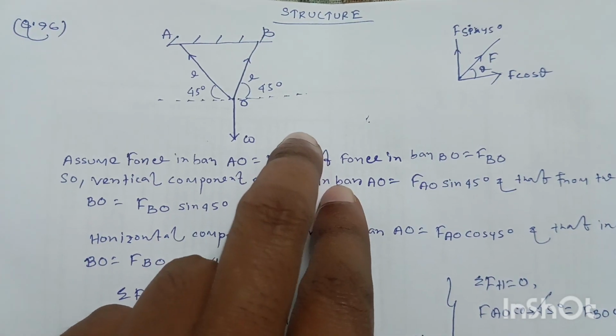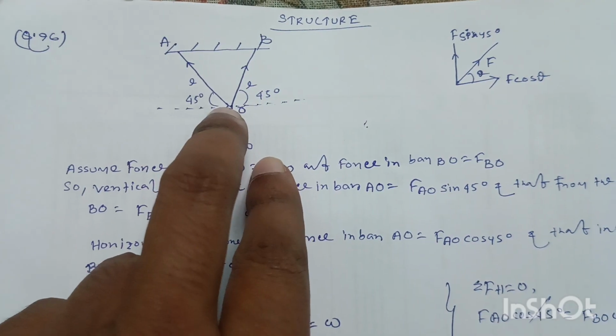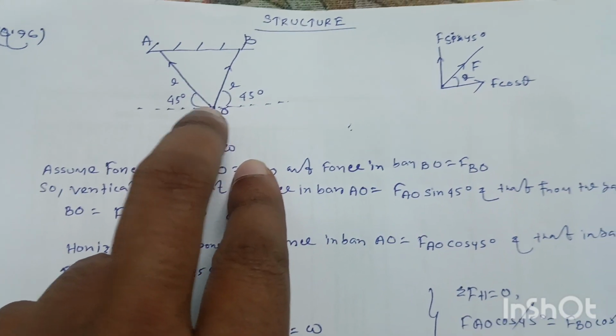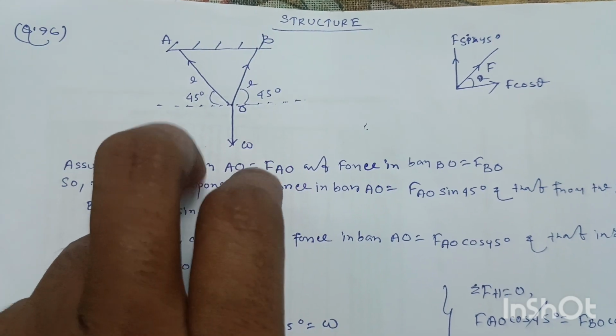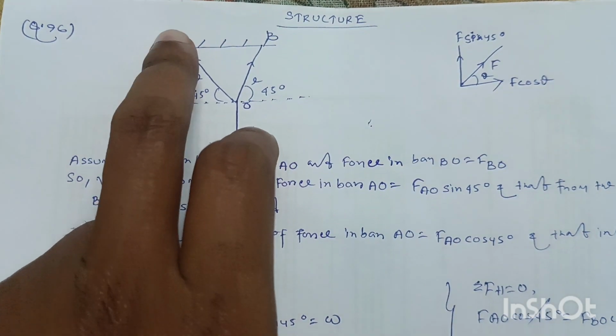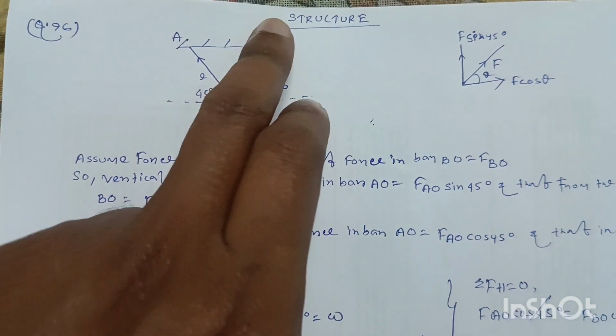In this question, a vertical load W is acting downwards at the point O, and the vertical deflection at point O is required. So Castigliano's second theorem is applicable to this system.